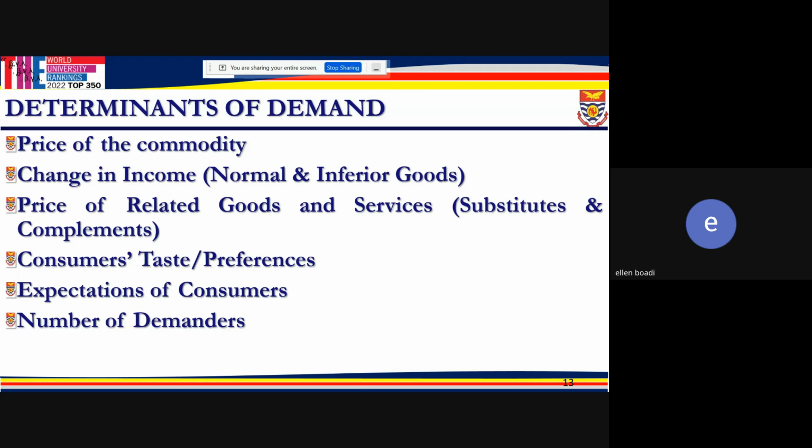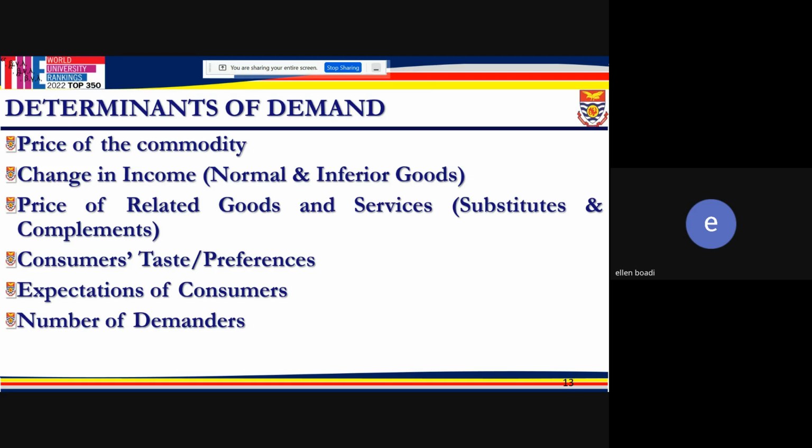Can you give me an example of complementary goods? Madam: Pepsodent and brush. Okay. To have good oral healthcare, you need Pepsodent or toothpaste and then your brush.